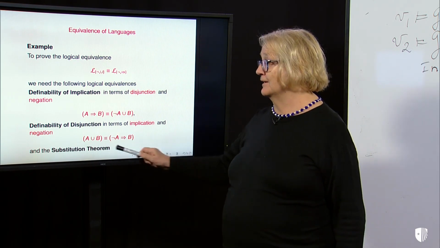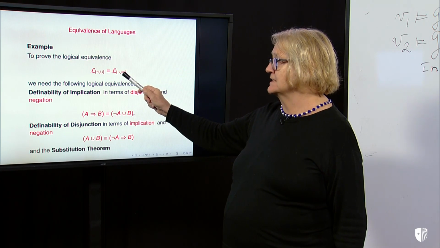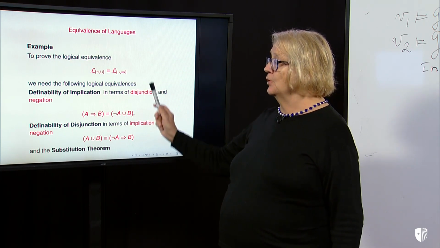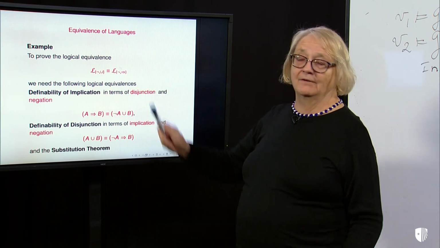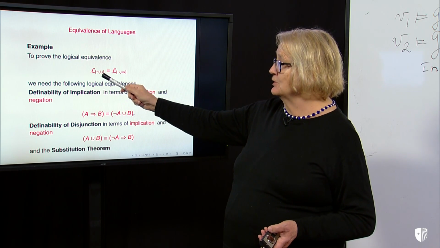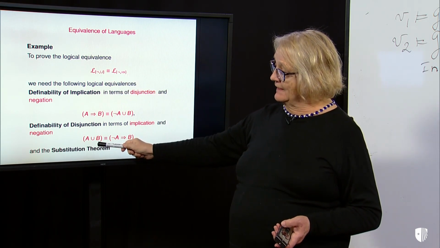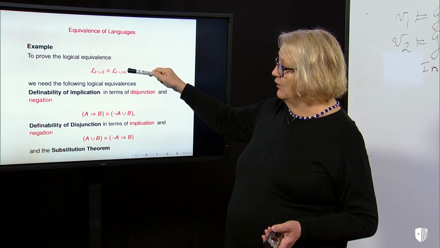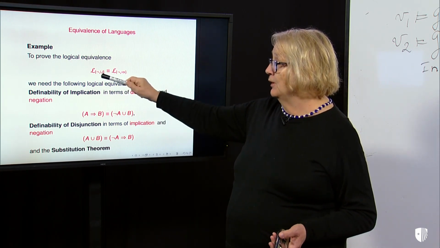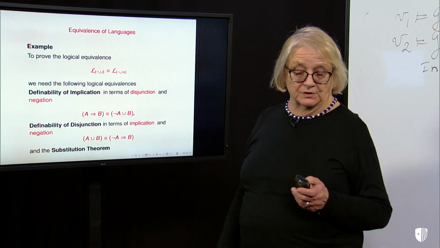You have logical equivalence, and also you can replace from this side implication by disjunction. So in both ways, any formula of this language can be transformed into a formula of that language by this, and any formula of this language can be transformed into a formula of this language by this, because you get rid of implication introducing disjunction.